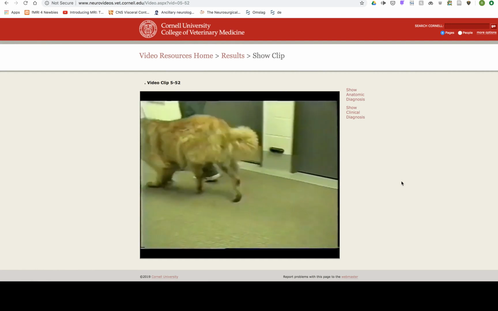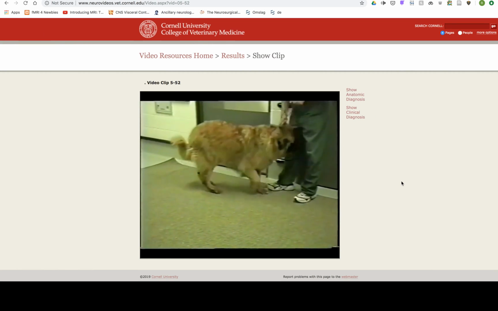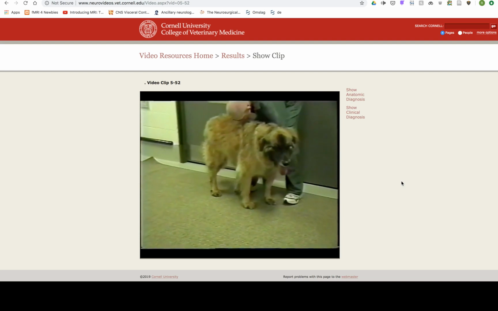Chief complaint: abnormal pelvic limb gait. History: the abnormal gait in both pelvic limbs had been slowly progressing for 4 to 6 weeks. At 3 years of age, idiopathic laryngeal paralysis was diagnosed as the cause of an inspiratory dyspnea, and tie-back surgery was performed on the larynx.